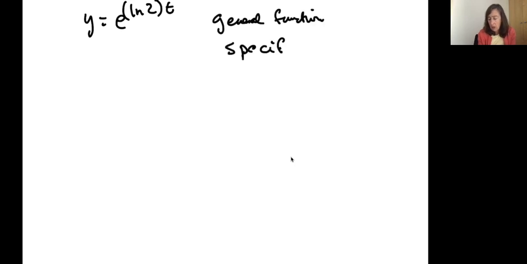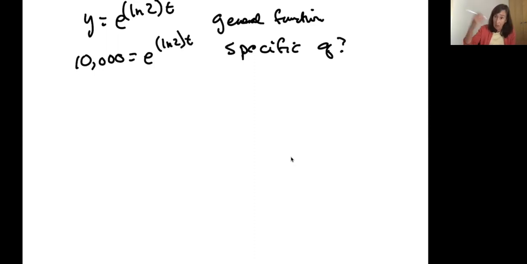This is the general function. We had a specific question, which was, when do we get to 10,000 cases? So putting in 10,000 is the y value we care about here. Still e to the log 2, and t is what we want to know.